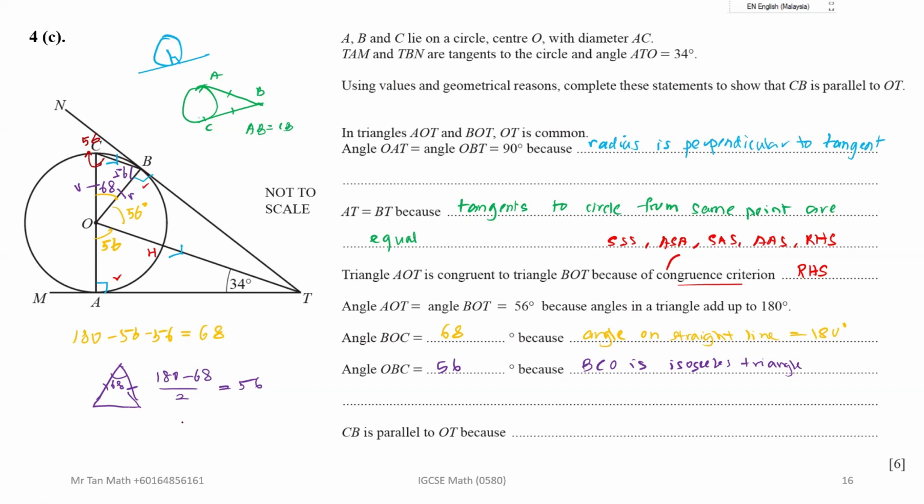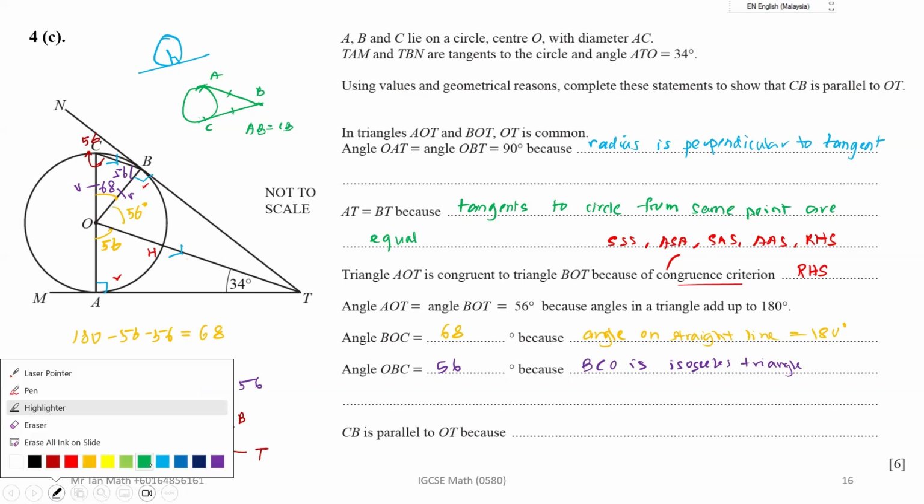So you can see here, this is a straight line OB, and this is 56. And you have another straight line here, OD, which is also 56.